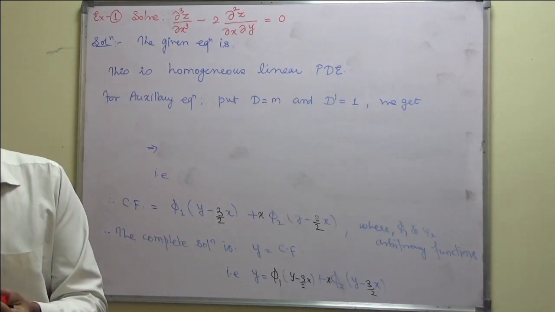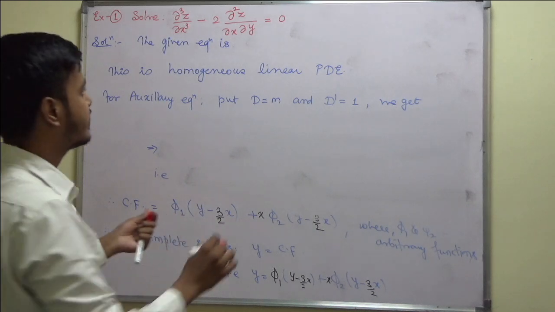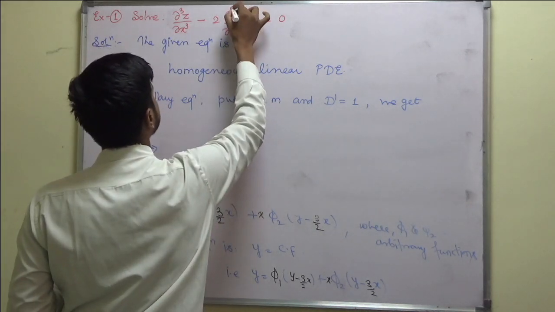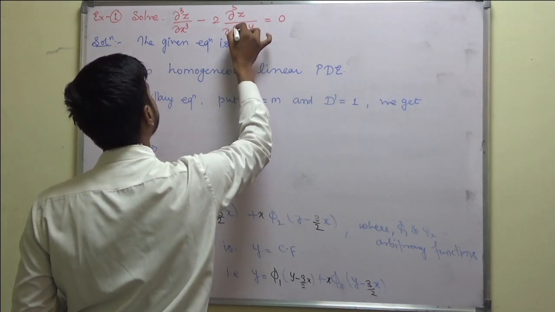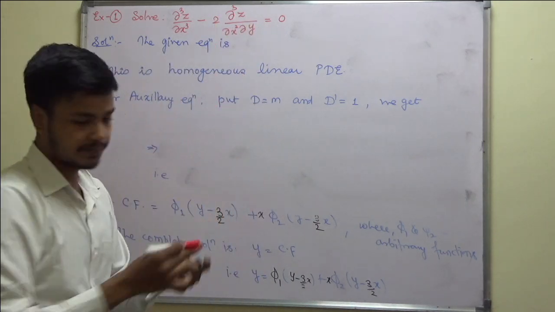Sorry, this is del 3z by del x squared. Okay, fine.